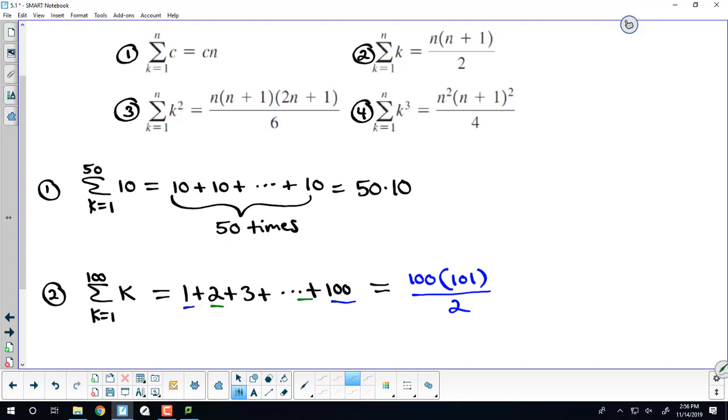Those show up when we're determining, like, approximate the area using 50 rectangles, approximate the area using 100 rectangles. These things show up, and instead of actually computing the sum by adding everything together, we're just going to turn those sums into these expressions involving the stopping point, just to make the computation a lot more quick and efficient.